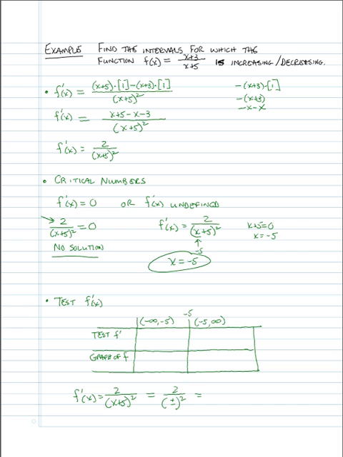So we're always going to have a 2 on top, and we're always going to square a number on bottom as long as it's not 0. And so always on bottom we're going to get a positive, aren't we? So f prime is positive no matter what x we choose. It's positive whether we choose an x that's less than negative 5 or bigger than negative 5. We can't choose x being negative 5, but if less than or bigger than, we'll always have a positive on bottom. So that tells us the graph is always increasing, doesn't it?